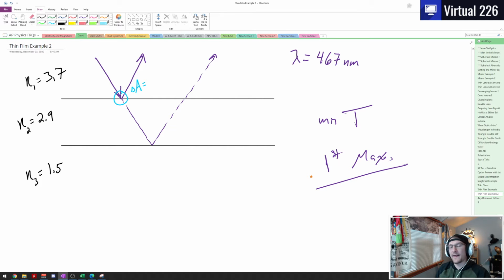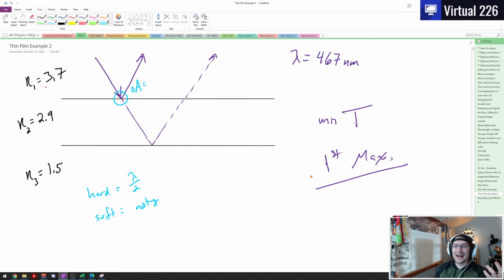We'll call it delta A. The question becomes, is this a hard or soft reflection? If it is a hard reflection, we're going to have a phase change of lambda over 2, 180 degrees. If it's soft, we're going to have a phase change of nothing. So what is it, hard or soft?